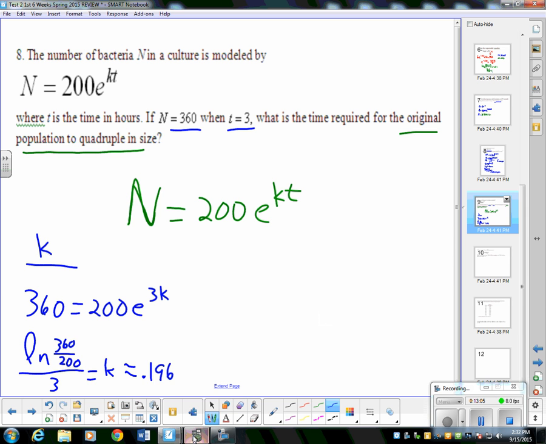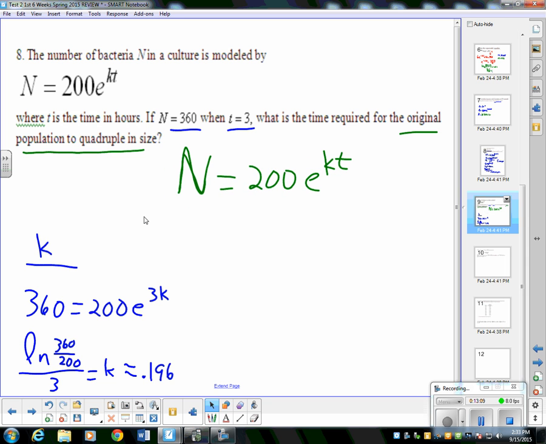So now we know what K is. K is 0.196. Now to answer this problem, we need to know what T is going to be when K is 0.196. We got to put in a number for N. And again, you don't just simply put in 360. N is the quadruple of the original population size. Well, how do you find the original population size? Well, that's when T is 0. Zero always represents the initial.